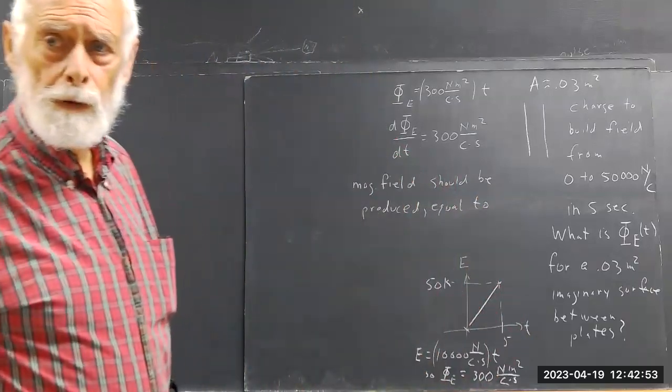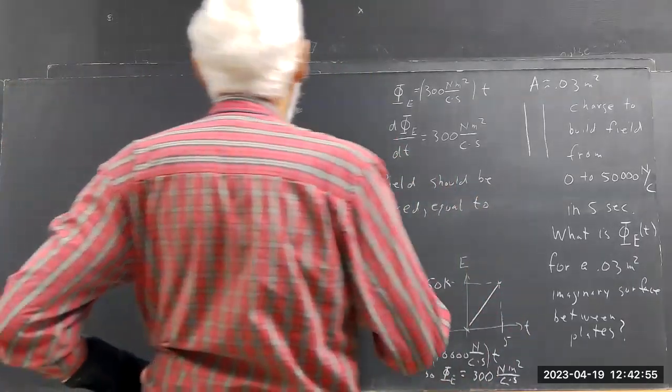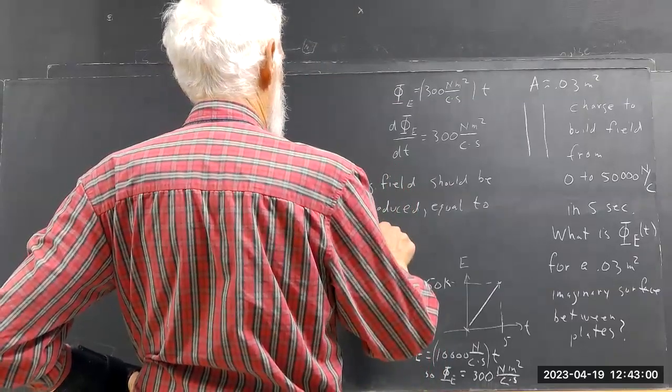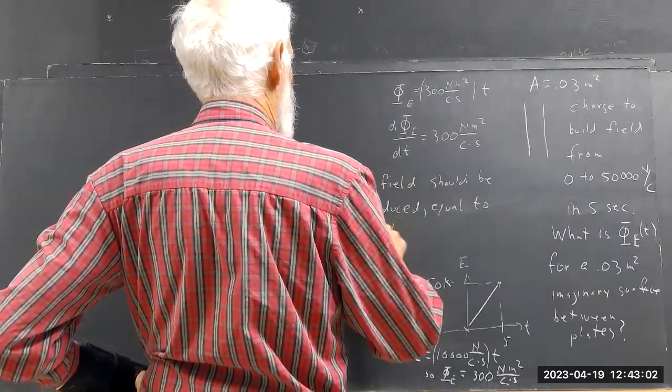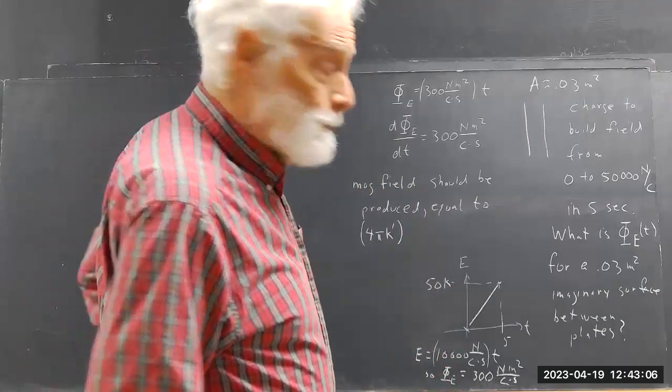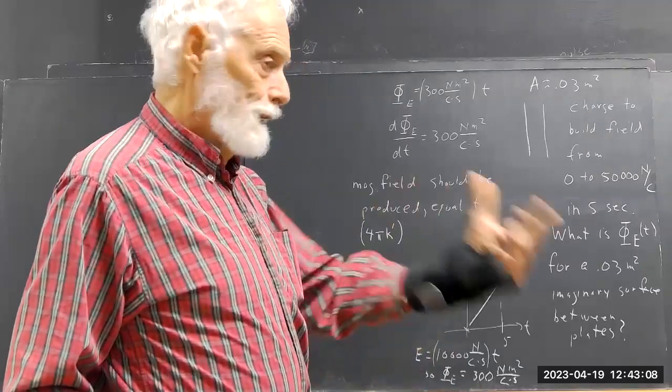And that magnetic field should be equal to four pi k prime, or mu naught. Again, k prime is 10 to the negative seventh.